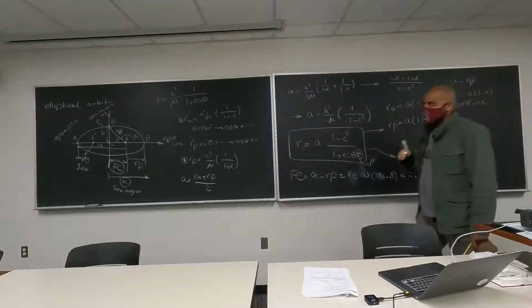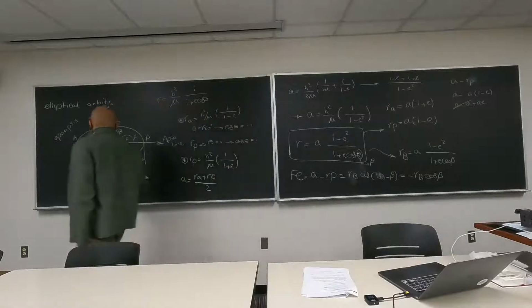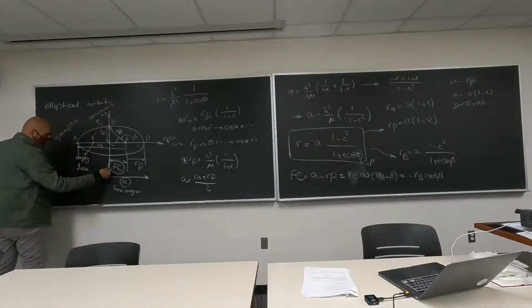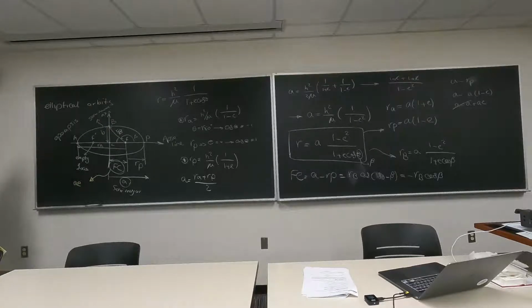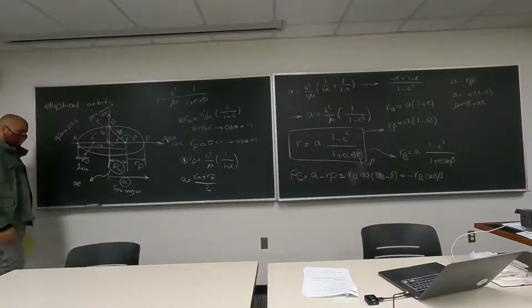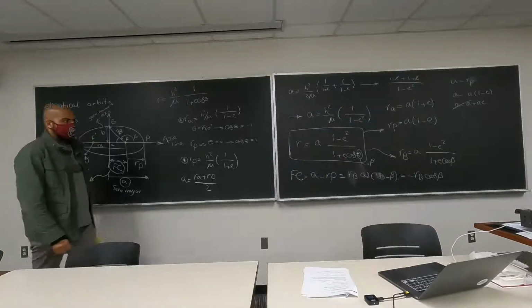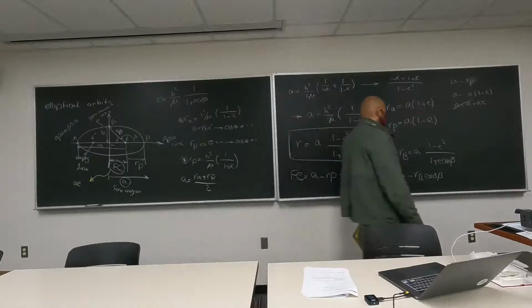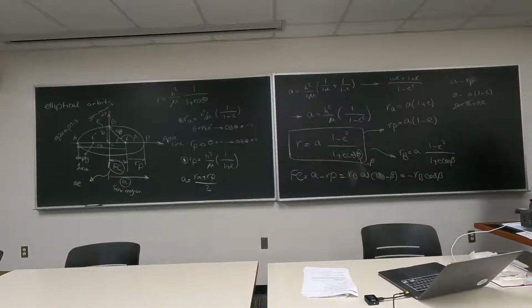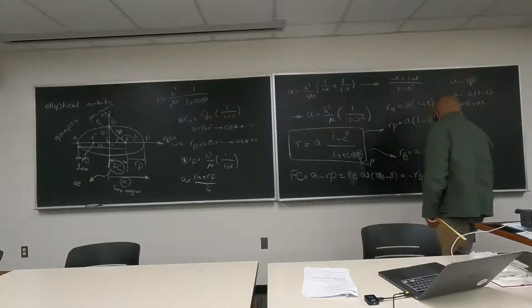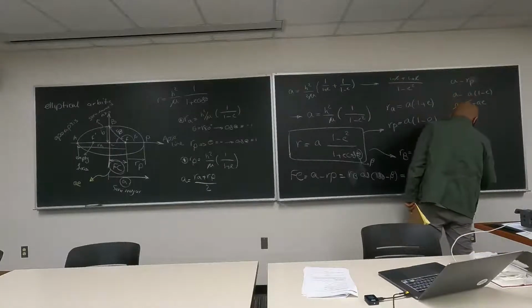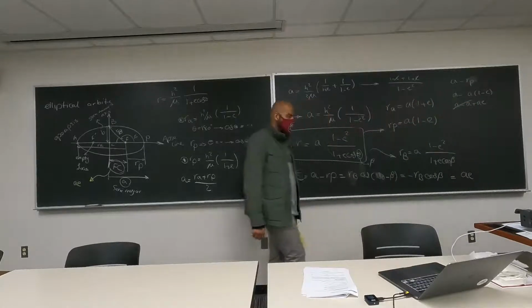Which means that this length FC is actually equal to your semi-major axis multiplied by eccentricity, right? Which means that this negative RB cosine of beta is also equal to AE, right?